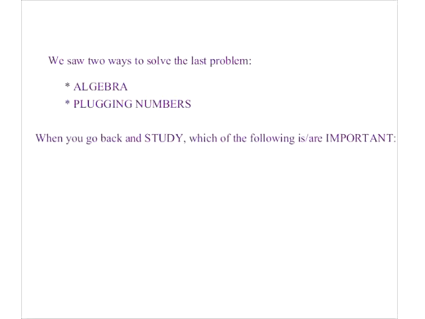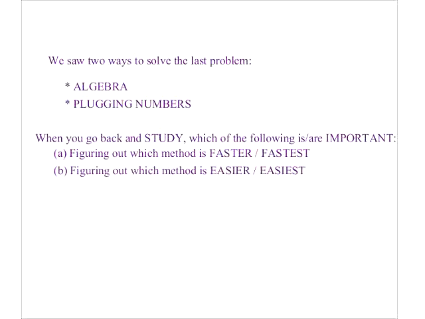The first is figuring out which method is faster or fastest. The second is figuring out which method is easier or easiest. And the third is just learning as many methods as possible with no preference.